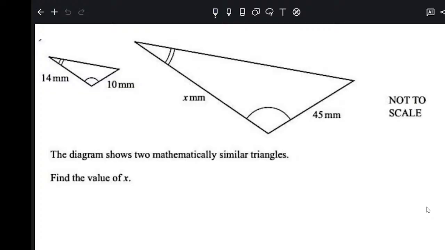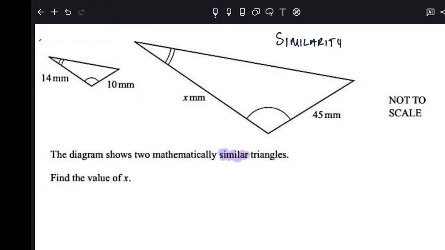Listen to this. The easiest question that you can ever get is if you see the word similar. Remember, we are in the topic of similarity. So I said they are going to say something about similar. So for you to know that this is now a question of similarity, you will see the word similar. So here they have used that word similar. So we know we are in similarity.